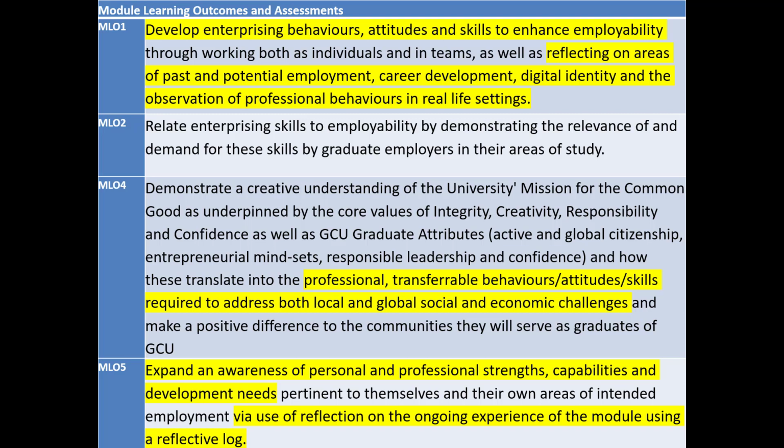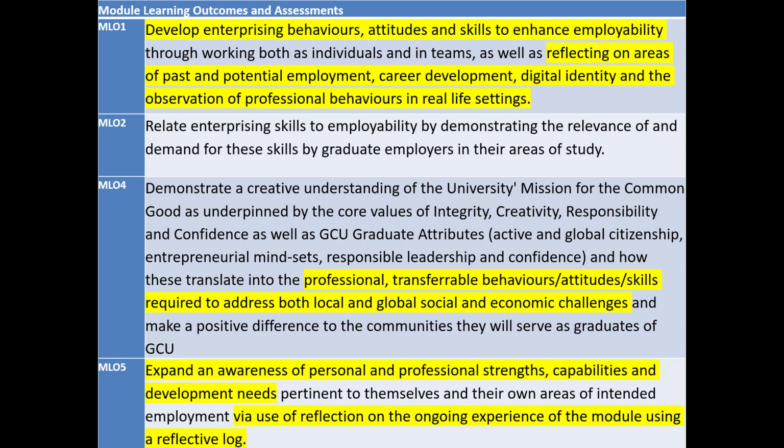Then module learning outcome 4, I think, is another one that has something to bring, because you've got to understand GCU graduate attributes. Demonstrate a creative understanding of the youth. That part not so much.